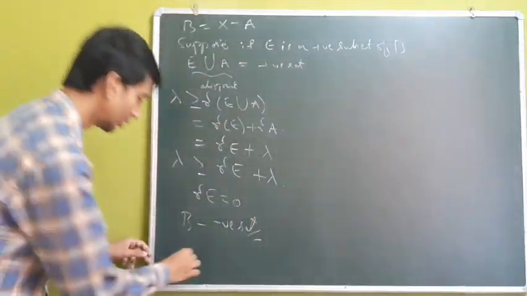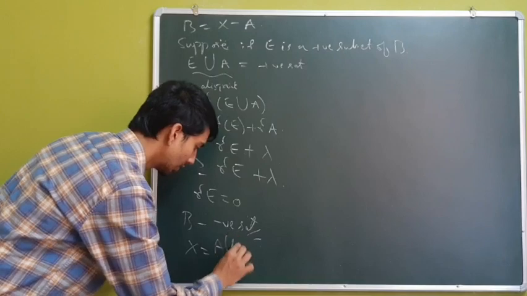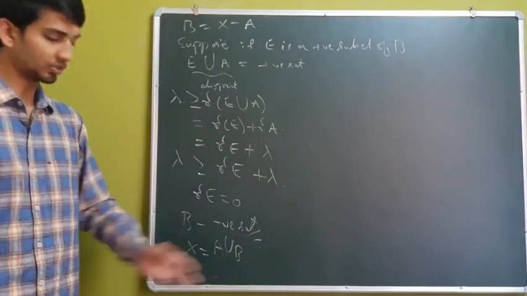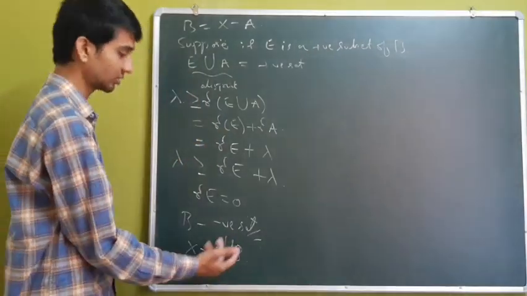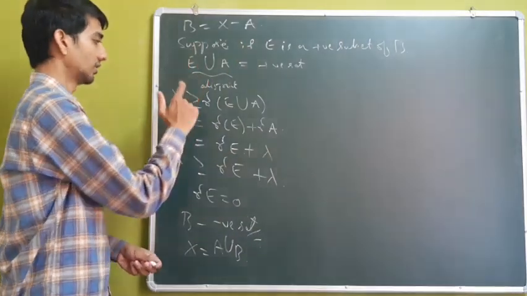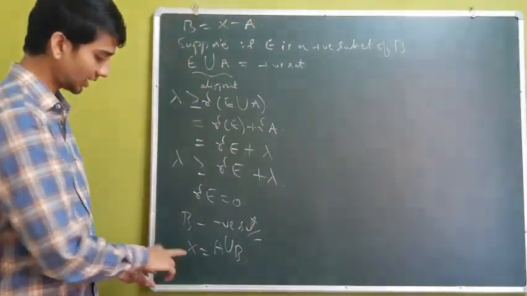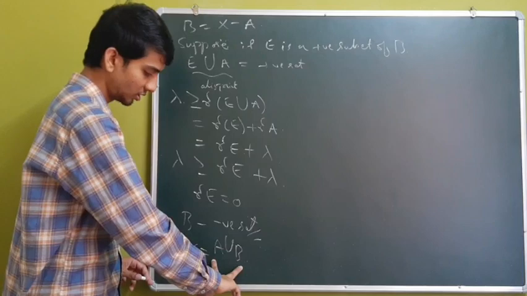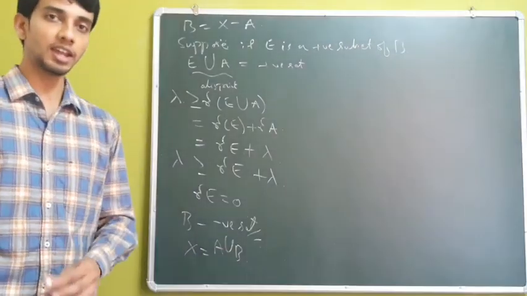So we have found X to be the disjoint union of A and B, where A is a positive set and B is a negative set with respect to the signed measure gamma. So this proves the Hahn decomposition of X into the disjoint union of a positive set and a negative set.